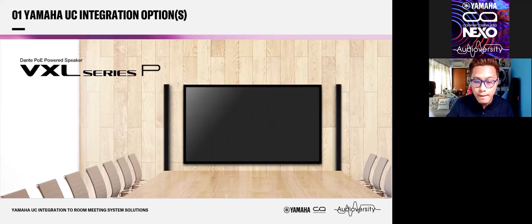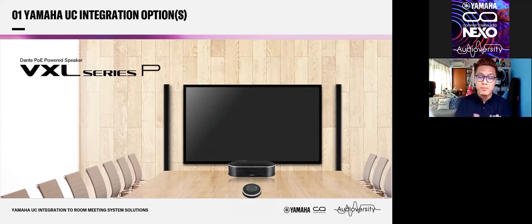Yep. So let's just show you. This is to help you visualize how it looks in the office, how it has been set up in most of the offices. Sometimes the YVC 1000 base unit is under the TV, but just above the table where everybody is seated, so the sound can project out.